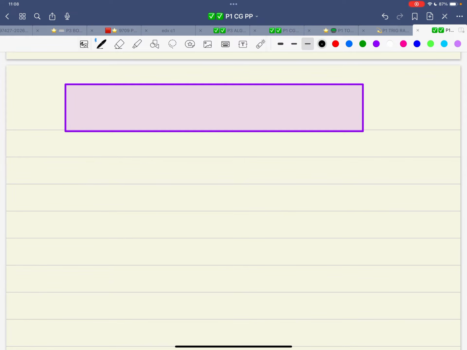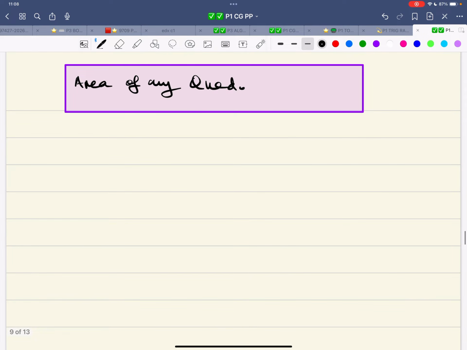So that is the area formula, the area of any quadrilateral, and that also applies to a triangle. First of all, the area is half x1, x2, x3, x4, x1, y1, y2, y3, y4, y1.